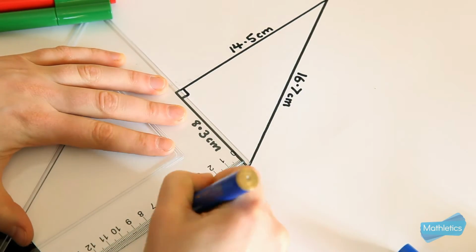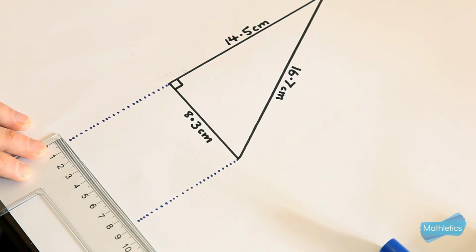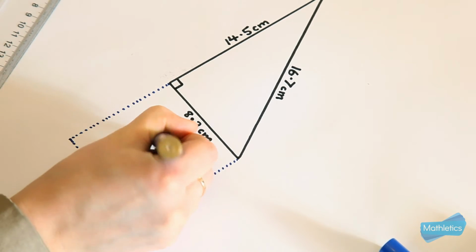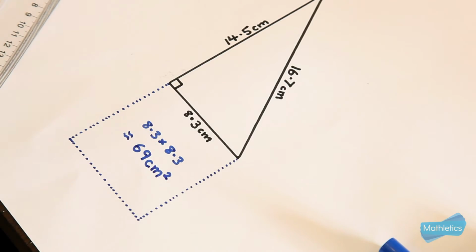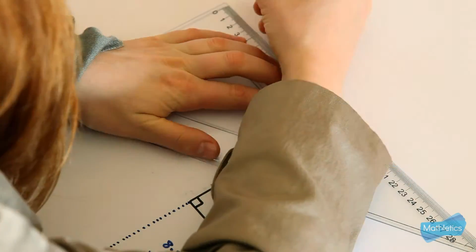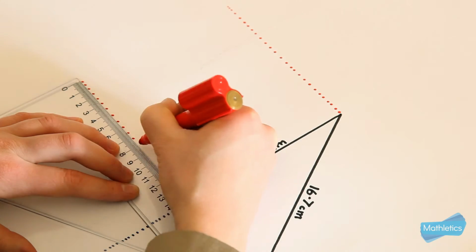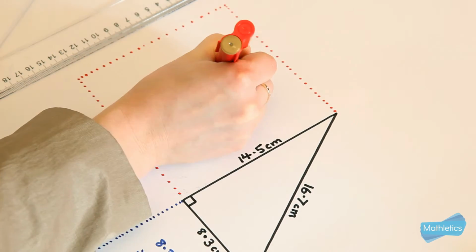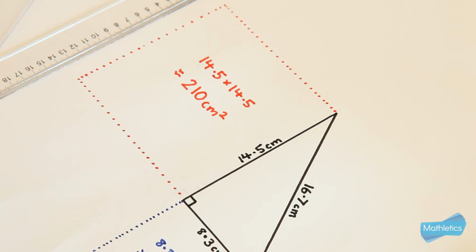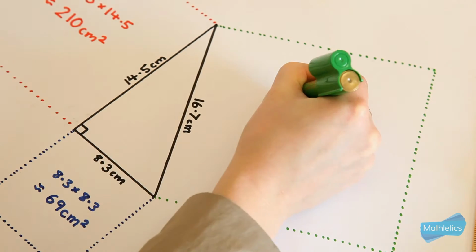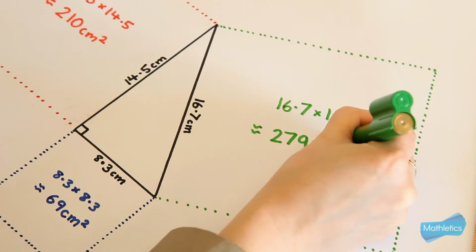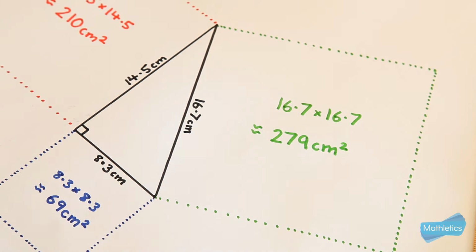If I use these sides to make squares, then the area of the first square will be 8.3 times 8.3, or about 69 square centimetres. The area of the second square will be 14.5 times 14.5, or about 210 centimetres squared. The area of the third square will be 16.7 times 16.7, which is 279 square centimetres.